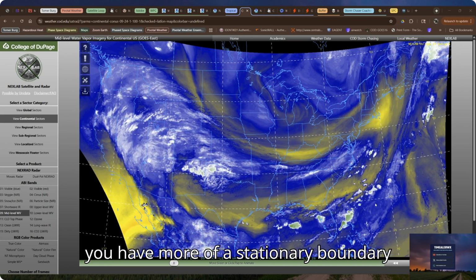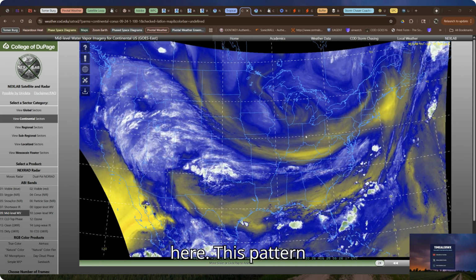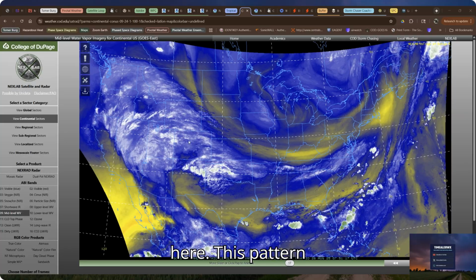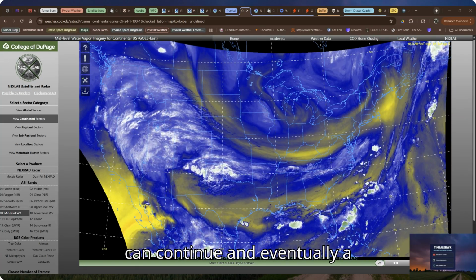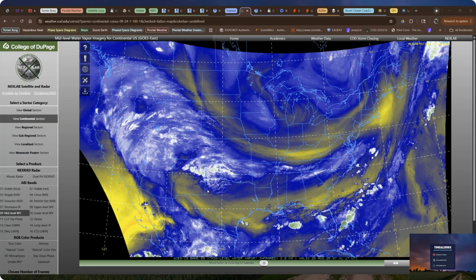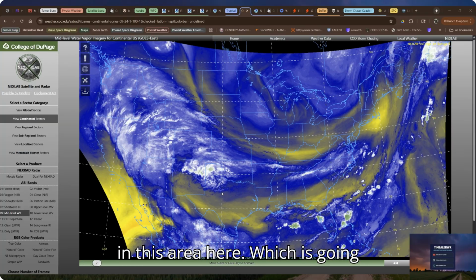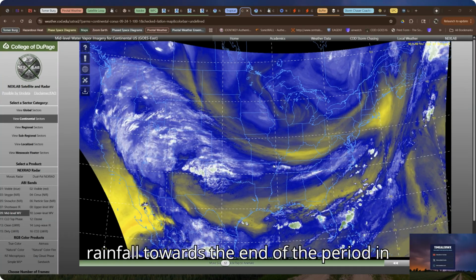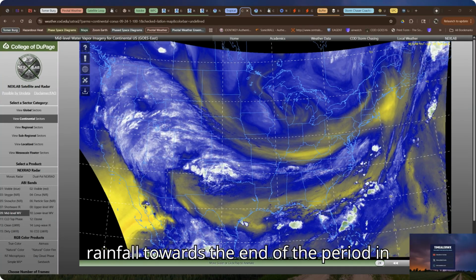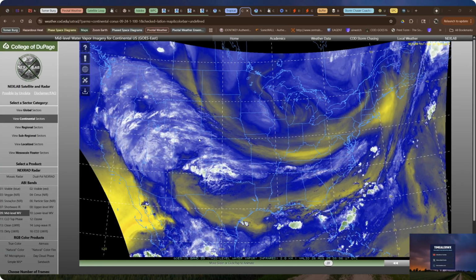And then you have more of a stationary boundary here. This pattern is going to continue. And eventually a boundary is going to set up in this area here, which is going to bring the chance for heavy rainfall towards the end of the period in this area.